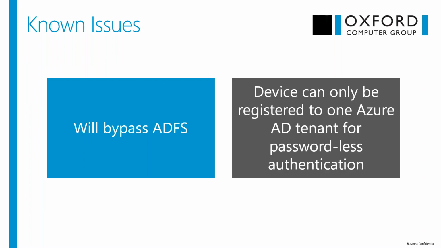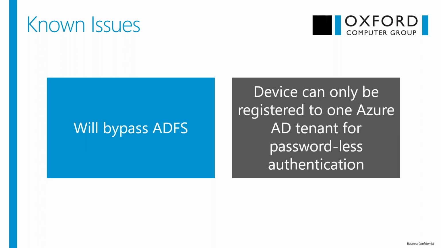Some of the caveats or known issues: it's going to bypass ADFS. So if you have Active Directory Federation Services in your environment, it will bypass ADFS because the check is being done on the mobile phone. It doesn't invoke ADFS.